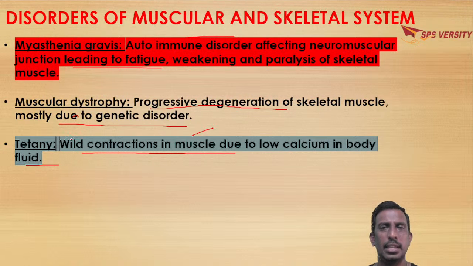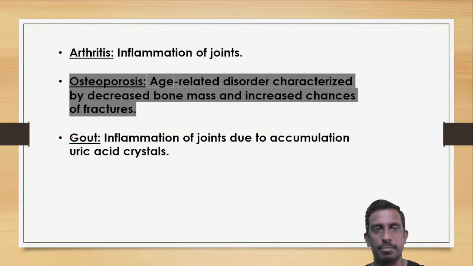So myasthenia gravis, muscular dystrophy, and tetany are disorders seen in the muscular and skeletal system. Another is arthritis, which is inflammation of joints.